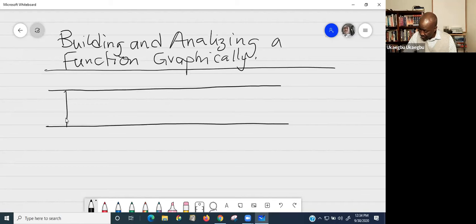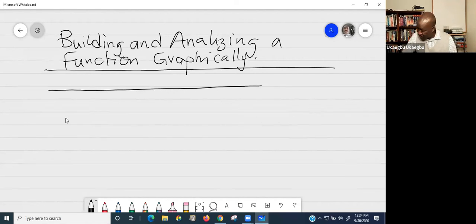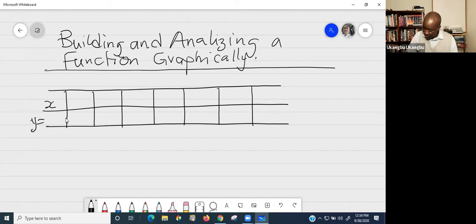So this is a table that I'm creating, and then I will write the x values and then write y, the function of x, which is y equal to k x raised to power n. Then I may put numbers for x to be something like 2, 4, 6, 8, 10, 12, and so on.